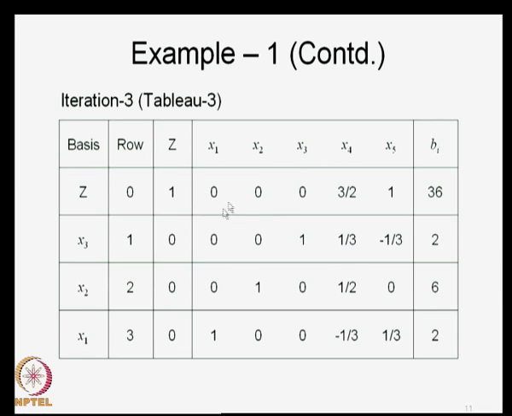Similarly, x2 will have a coefficient of 1 under x2 and 0 under x1 and x3. x1 will have a coefficient of 1 under x1 and 0 here. So, the basic variables among themselves will constitute a unit matrix: 0 0 1, 0 1 0, 1 0 0, like this.